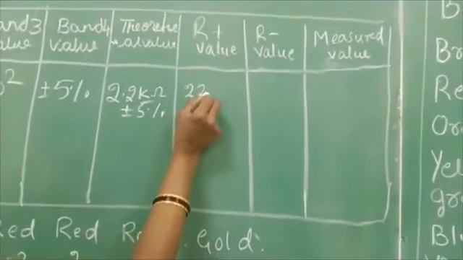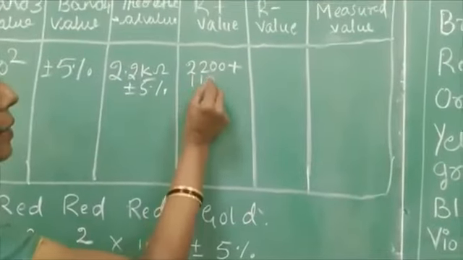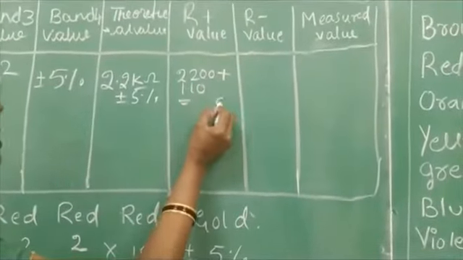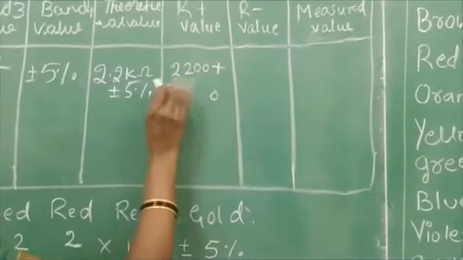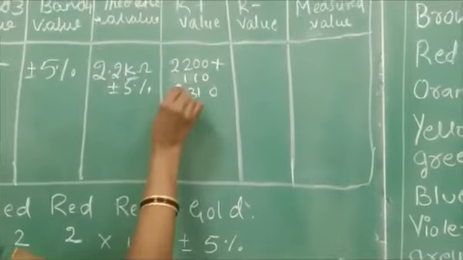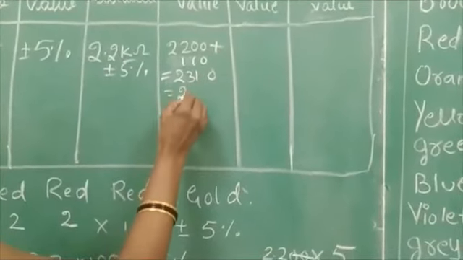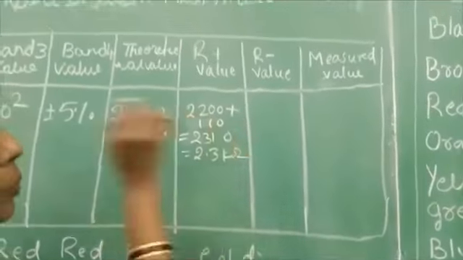R is 2200 plus the tolerance 110. So I will get 2310 or 2.3 kilo ohm.